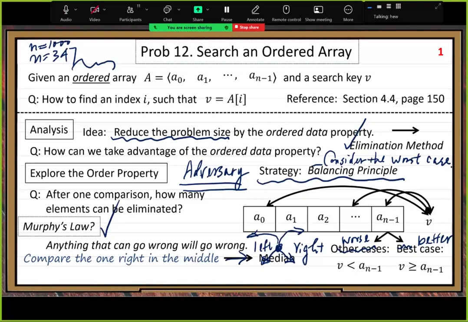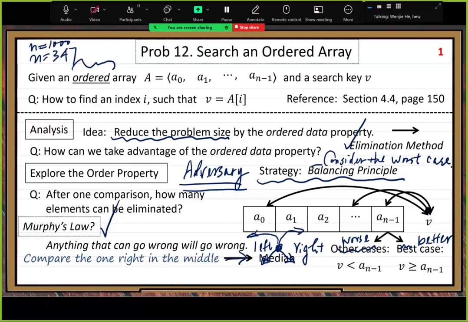We want to find the best algorithm, but those students misunderstood. They think we want to find an algorithm targeting the best case. They use the best in that way, best case. It's wrong. So we want to find the best algorithm targeting the worst case. So do not get confused.